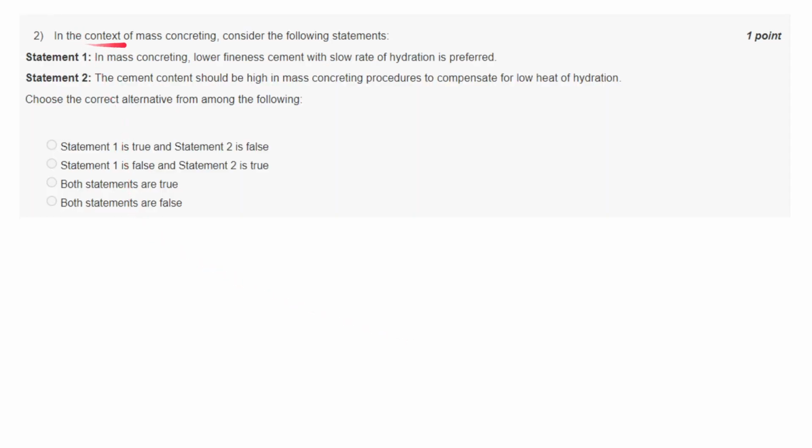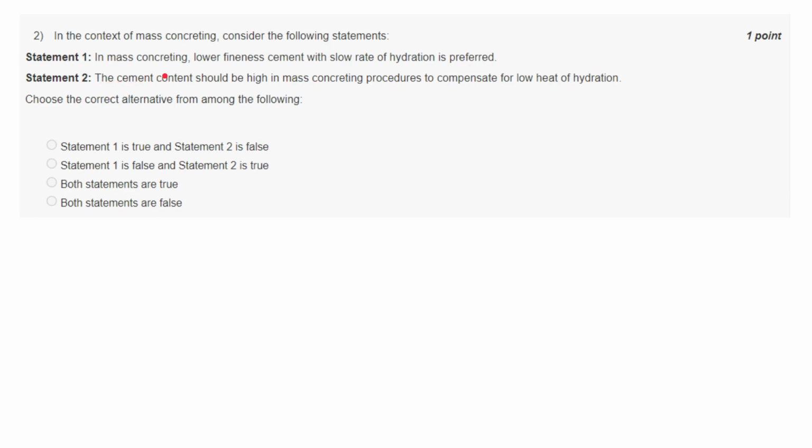Second question, in the context of mass concreting, which are the correct statements? In mass concreting, lower fineness cement with slow rate of hydration is preferred. So this is true. Lower fineness means increase in size, so that will reduce the rate of hydration and rate of reaction, and so that is preferred for lesser liberation of heat of hydration. So one is true.